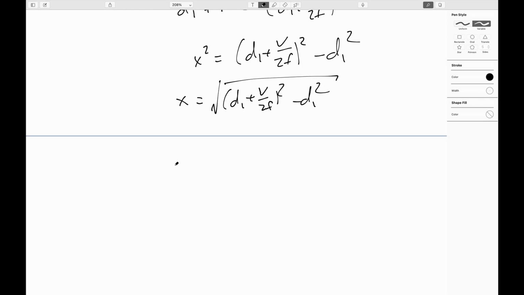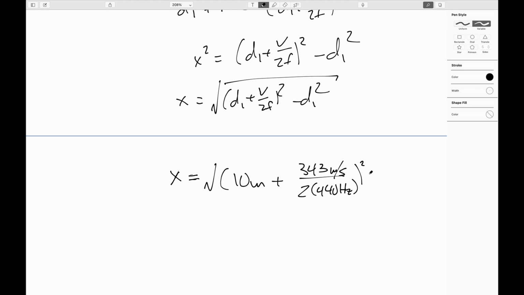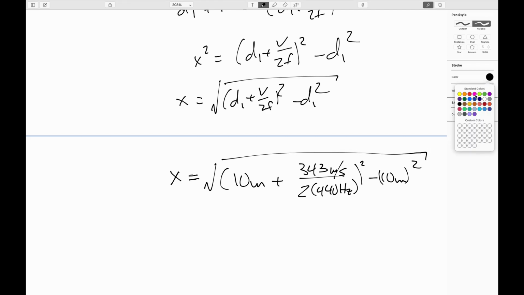So let's go and take a look. We said that our D1 was 10 meters. So that's 10 meters plus 343 meters per second over 2 times 440 hertz, squared, minus 10 meters squared. Take the root. All right, so now remember, 1 over seconds and hertz are the same difference, so that cancels. And our units check.